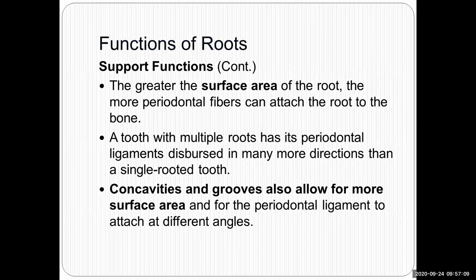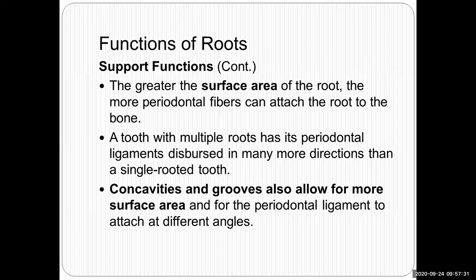The greater the surface area of the root, the more PDL fibers, the periodontal ligament fibers, can attach to the root and to the bone. So a tooth with multiple roots has its periodontal ligaments dispersed in all sorts of different directions versus a single rooted tooth.